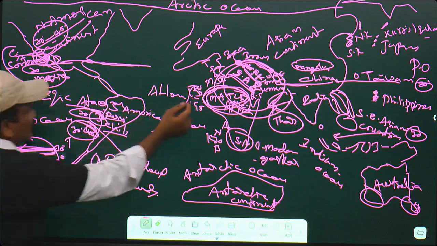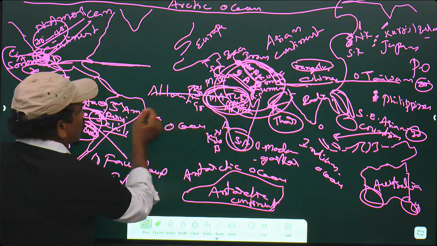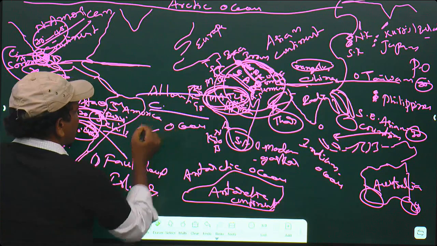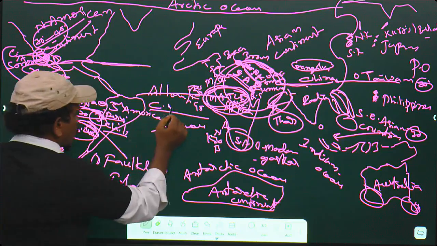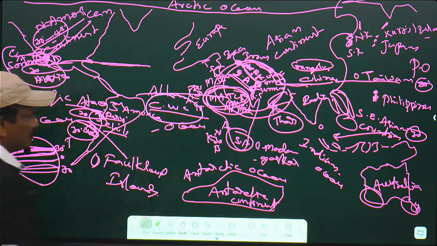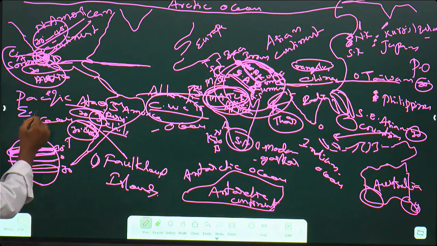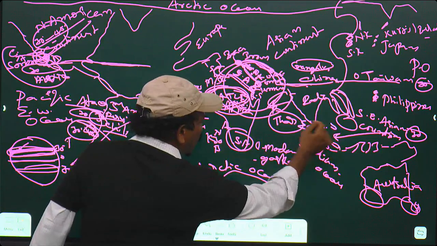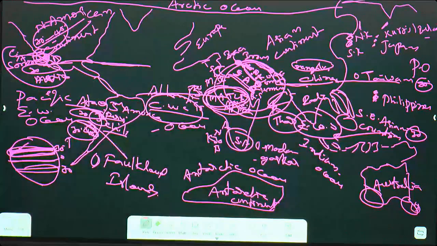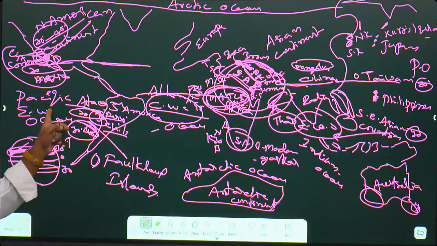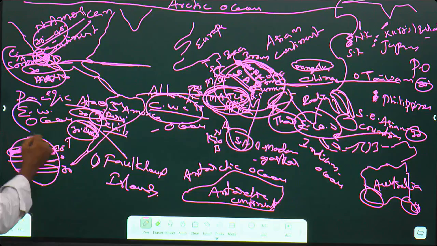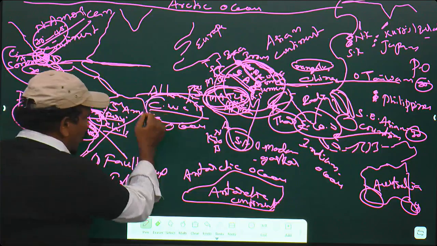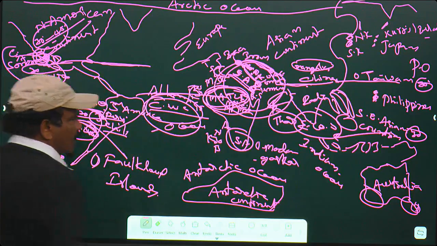Here, for example, it is the equatorial warm current. It is also an equatorial warm current. Near here also an equatorial warm current. This location is the Pacific Ocean equatorial warm current. This location is the Atlantic Ocean equatorial warm current.